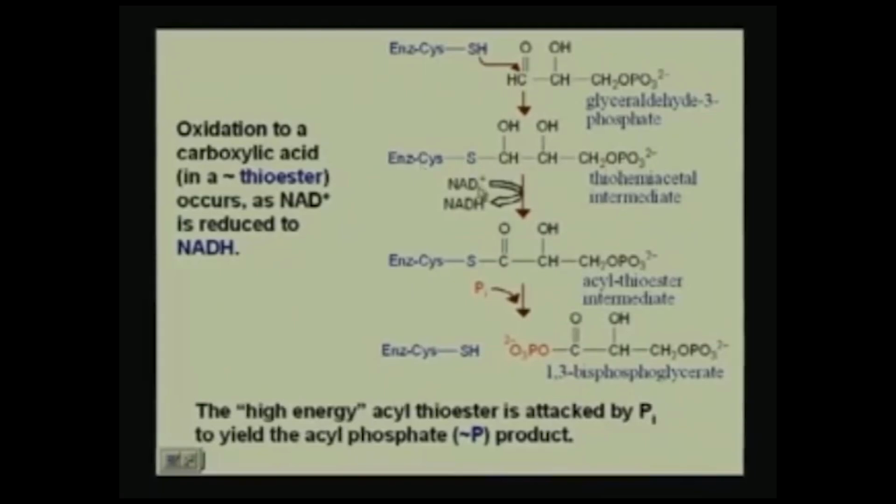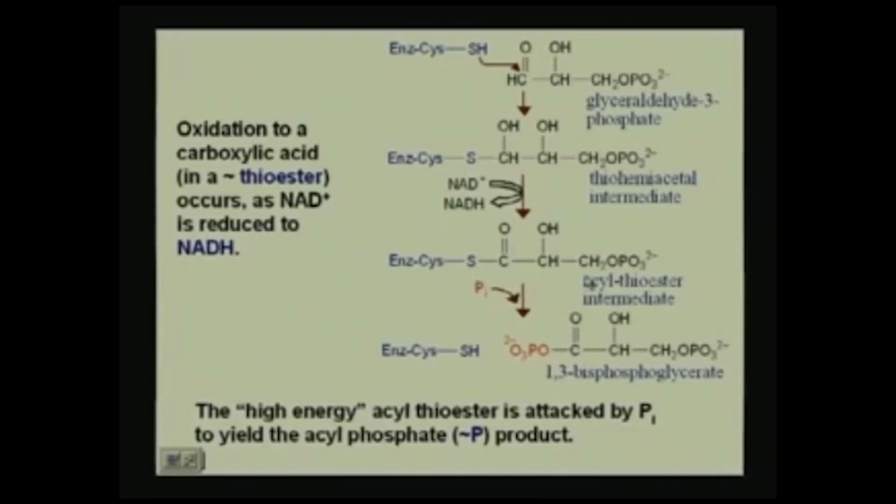Then NAD plus is reduced to NADH. In the process, we get an acyl thioester intermediate. Where is this thioester? You see this CHOH is now C double bond O, and the S is part of the cysteine, so it becomes an acyl thioester intermediate.